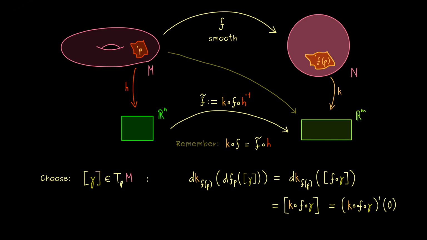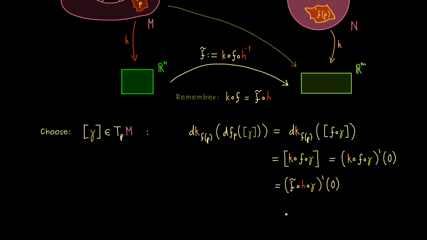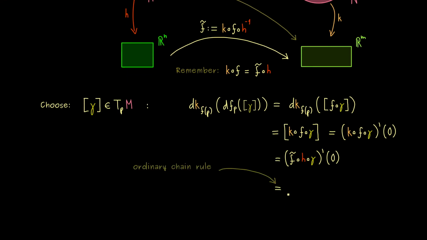Now, this is helpful because now we can substitute our K after F with F tilde after H. And indeed, this is a very nice thing because we already know F tilde is this ordinary map between Rn and Rm. In conclusion, here we can apply our ordinary chain rule for multivariable calculus. In particular, what we can use now is the Jacobian matrix of F tilde, simply because this represents the differential of F tilde.